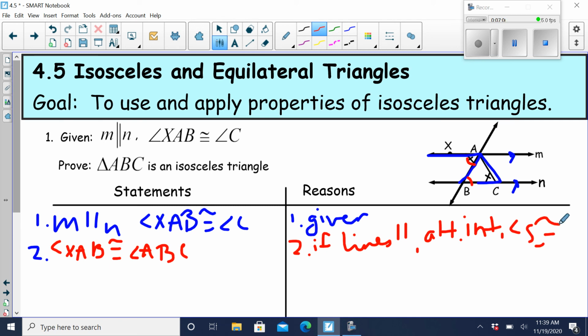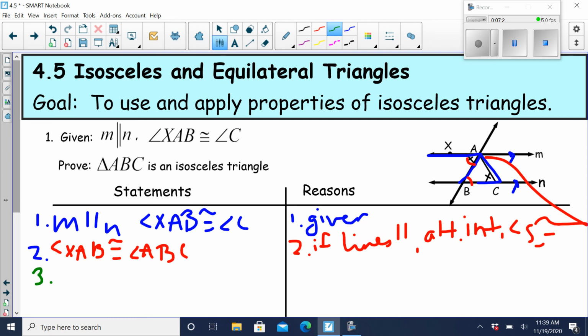Okay? From there, I'm trying to prove that this triangle is isosceles. Now, when I look at this triangle right now, what I see is that these two angles are congruent. I haven't stated it over here, so that's going to be step 3 of my proof. It's just identifying that I have some congruent angles in there.